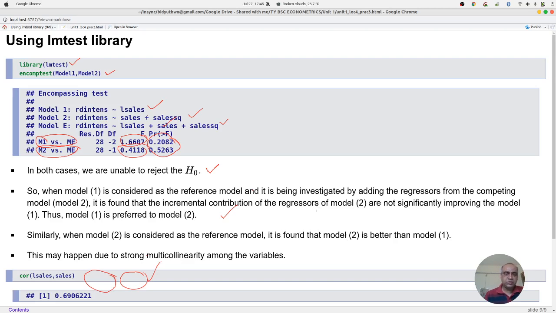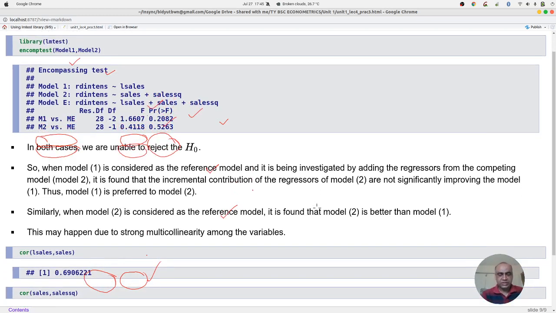That means once again we are getting contradictory results. If we consider model 1 as the reference model, model 1 is found to be better compared to model 2. And once we see model 2 as the reference model, once again model 2 is better than model 1. So we cannot actually decide which one is the best.